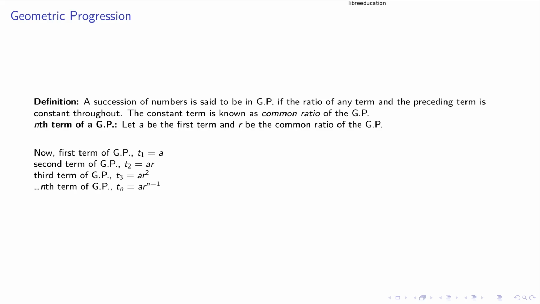If R is 3 and A is 1, then it would be 1, then 1 into 3, which is 3, then 1 into 3 square, which is 9, then 1 into 3 cube, that is 27, then 1 into 3 to the power 4, which is 81, and so on.